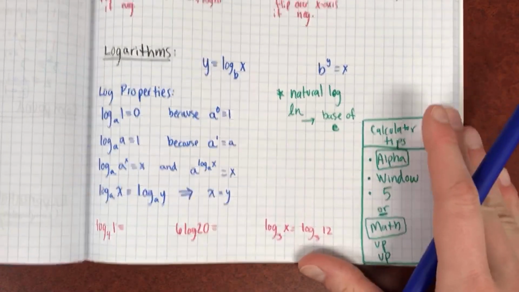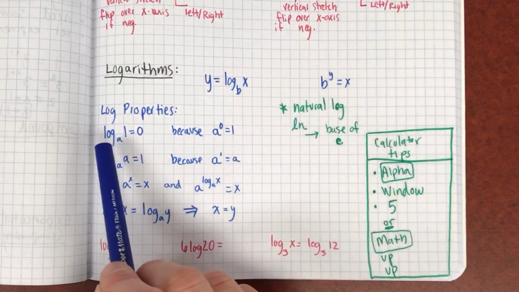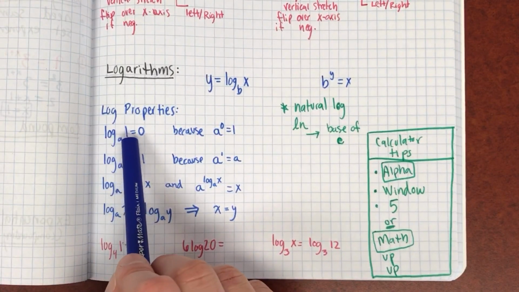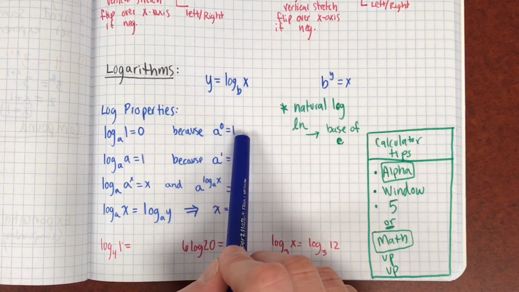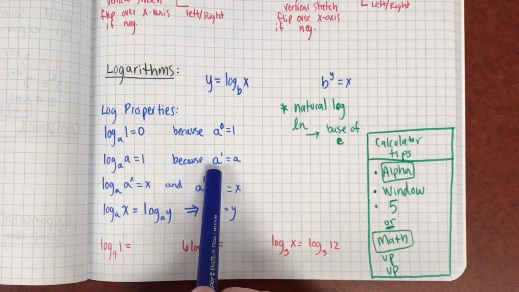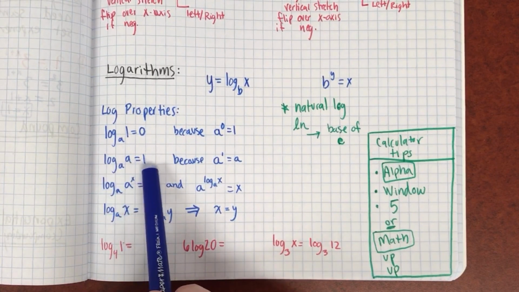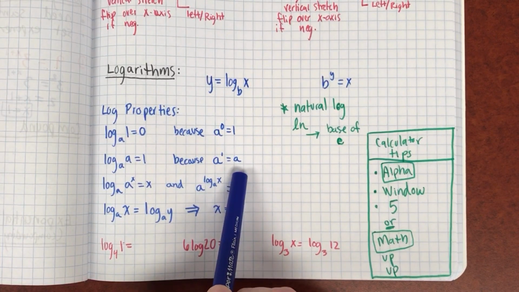All right, looking at our properties for logarithms, log base a of 1 will always equal 0 because a to the 0 power equals 1. Okay, log base a of a always equals 1 because a to the first power equals a.